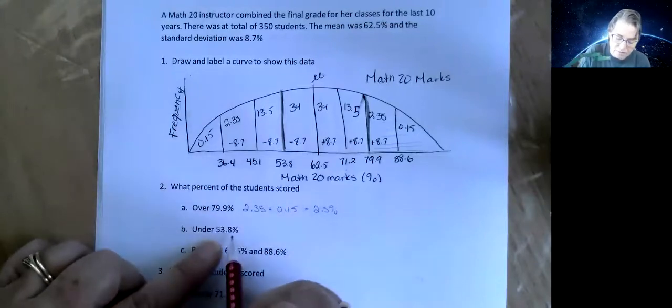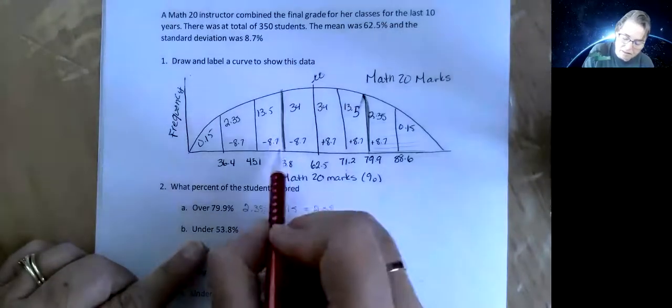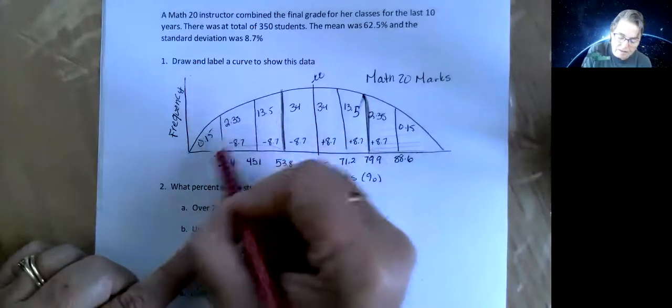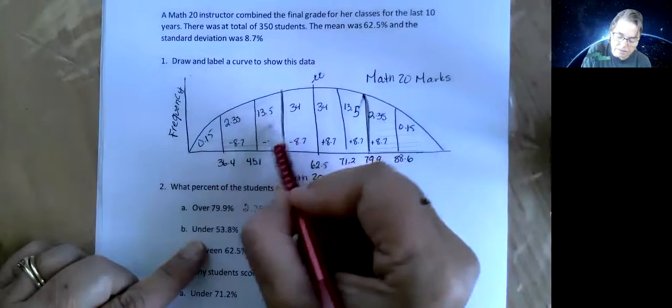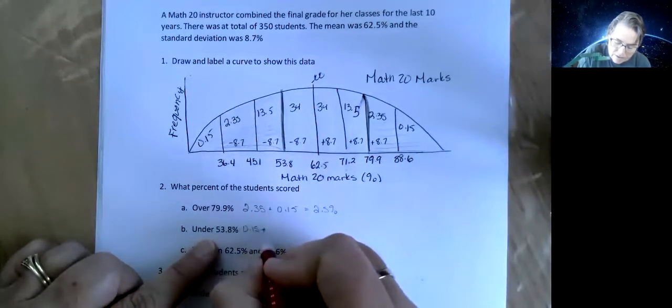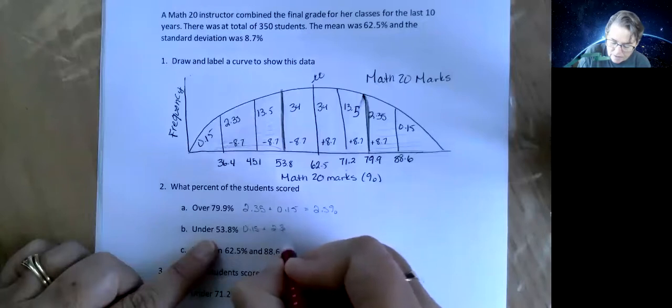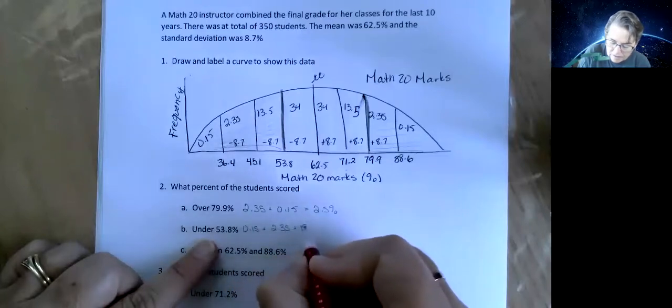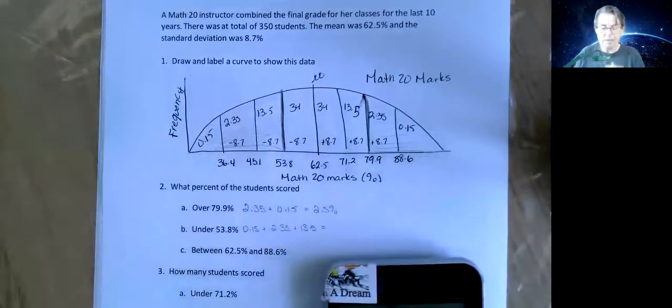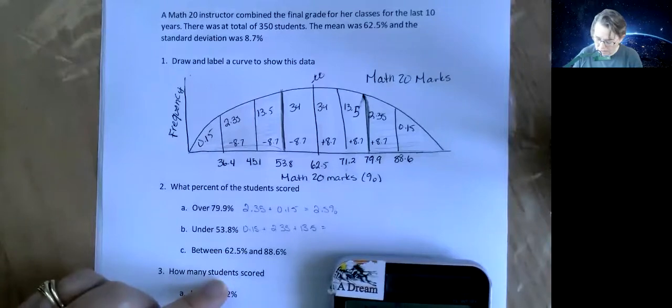So under 53.8, so that means less than that. We're going to go this way. And it's this area that we want. So that's going to be 0.15, 2.35 plus 13.5. And make sure you're showing me the work all the time so that I know what's going on.